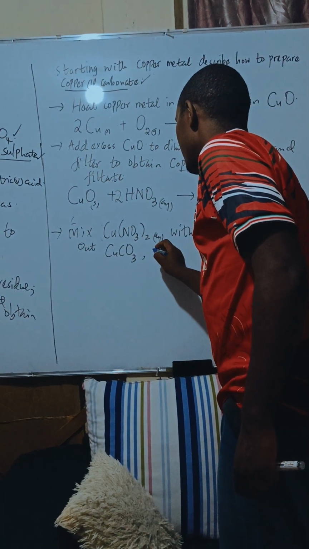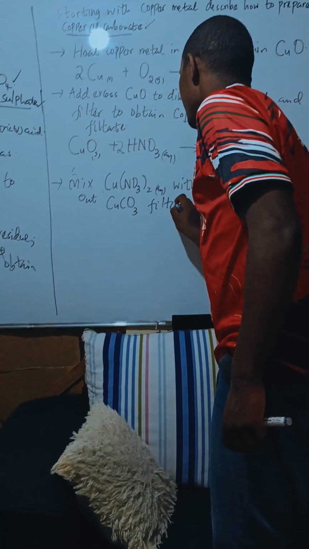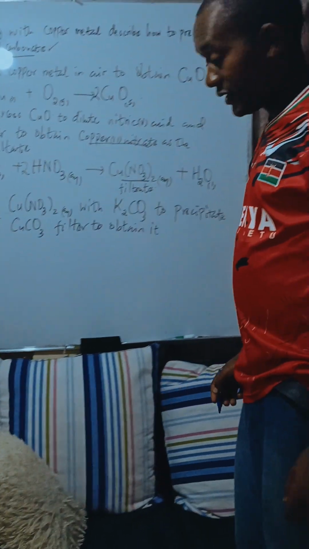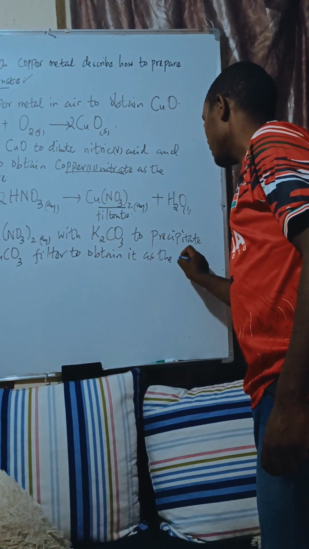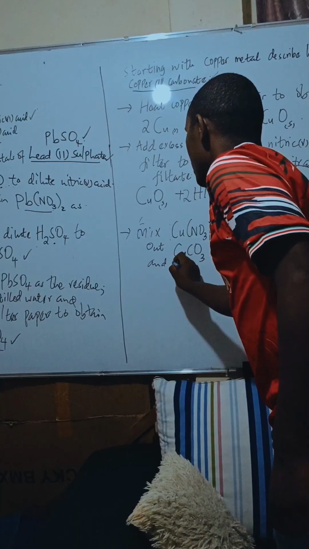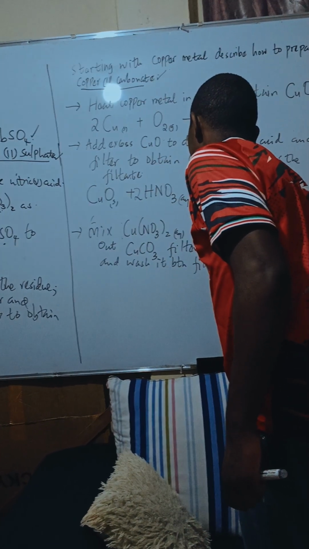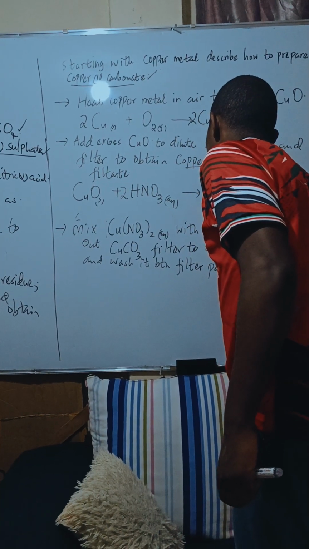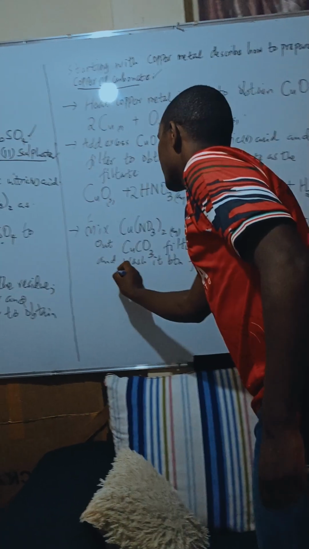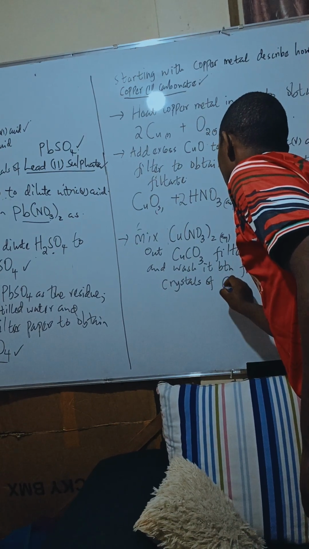Then what do you do? After that, filter to obtain it as the residue, and wash it between filter papers to obtain crystals of copper carbonate.